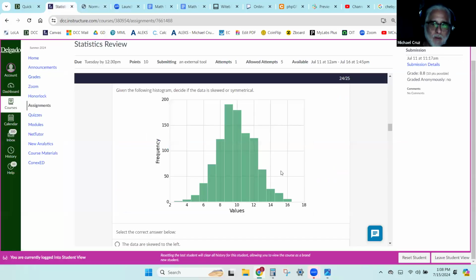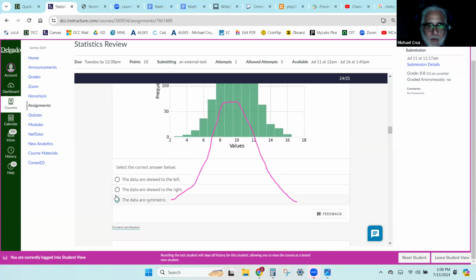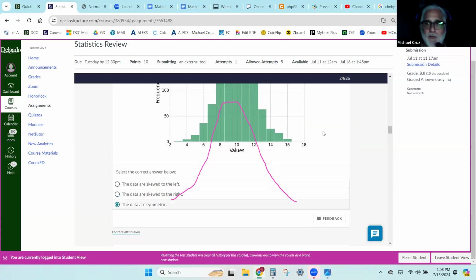When you're just working with a finite data set, you kind of got to use a little bit more imagination. You see that that is more or less the pattern. Starts out slow, down at the bottom, goes up, reaches a peak, then comes back down. If you have that kind of thing with a histogram like this, then you can say it's symmetric.